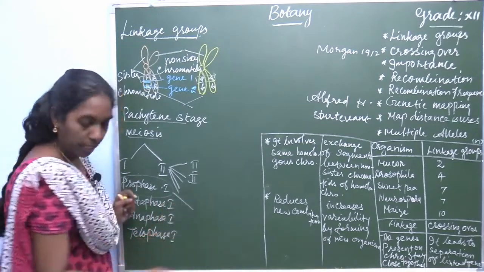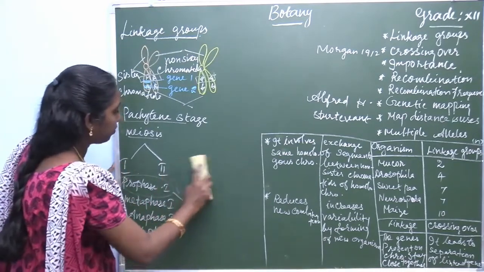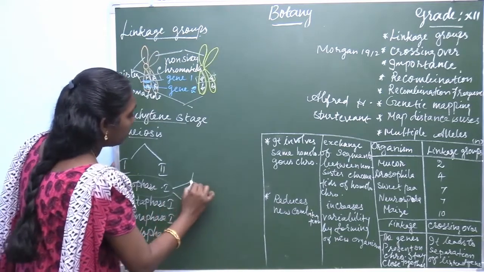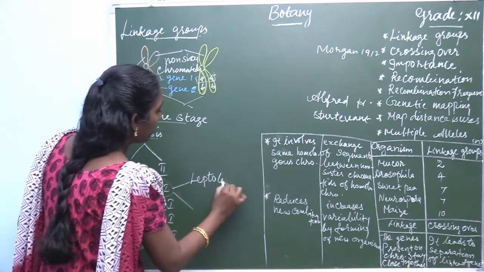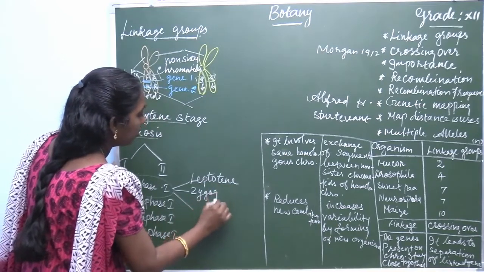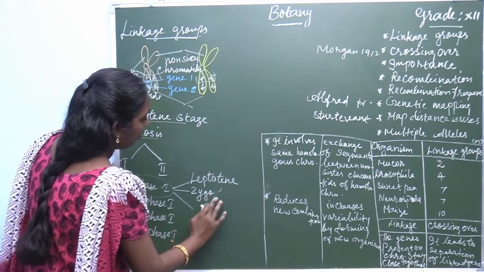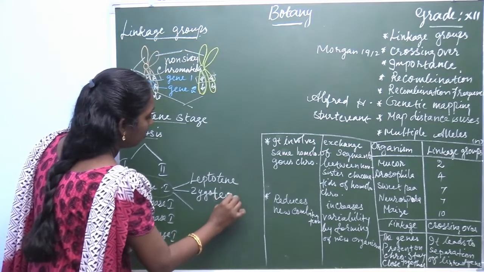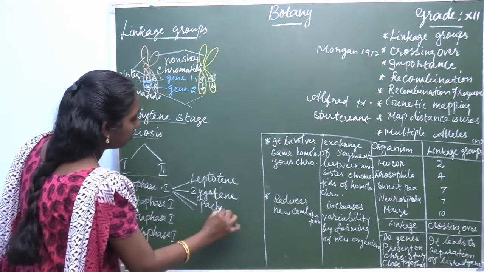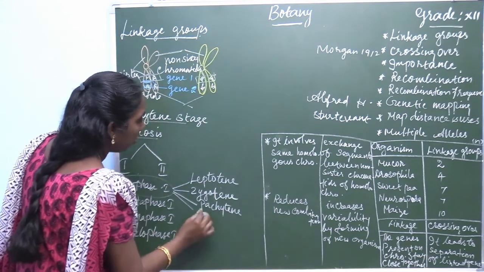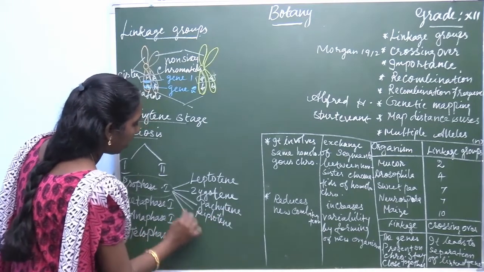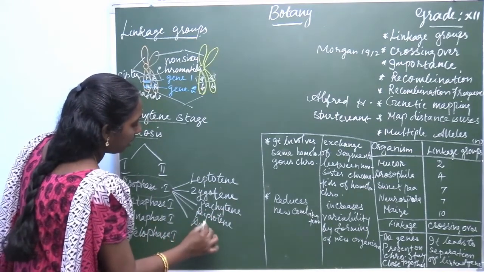But prophase 1 is again classified into 5 different stages. They are leptotene, zygotene, pachytene, diplotene and diakinesis.